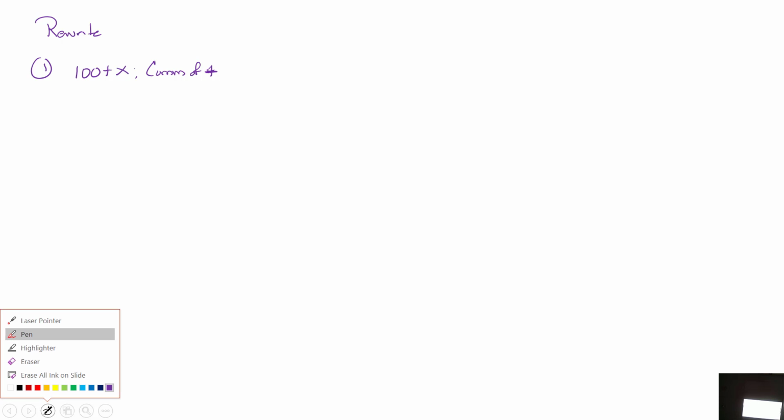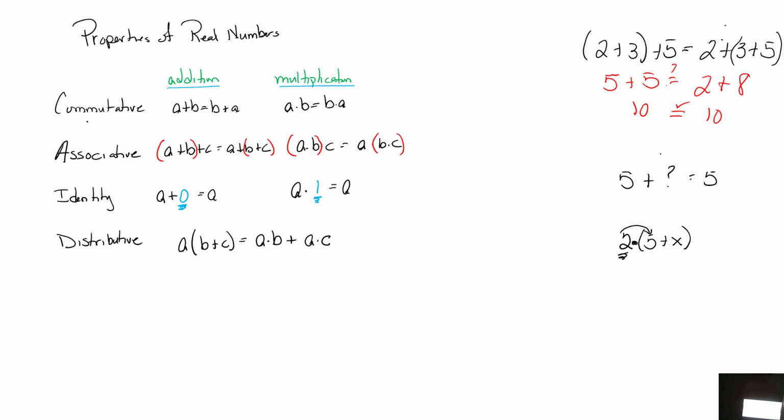So for instance, if I give you something that looks like this, 100 plus x, and I ask you to rewrite it using the commutative property of addition, you would reverse the order.